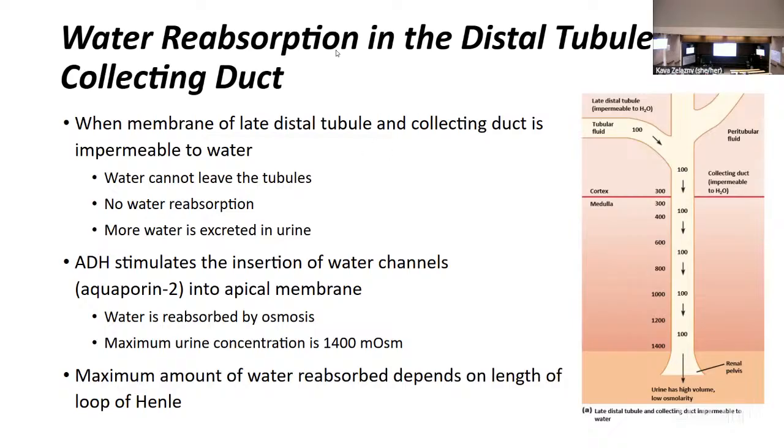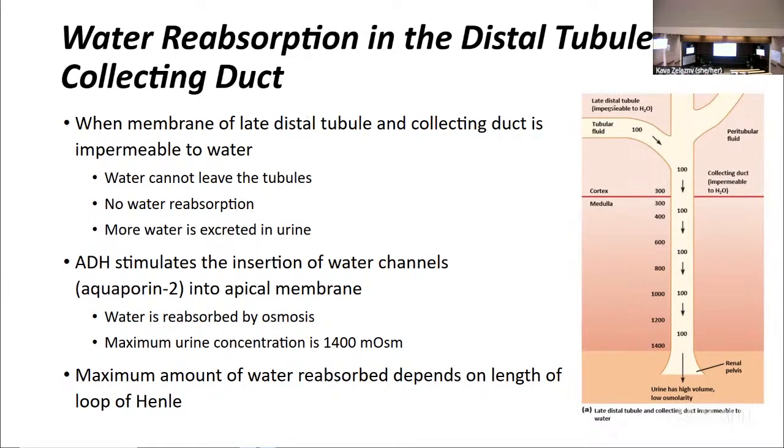Now we're looking at what happens when these aquaporins are present or absent. When our late distal tubule, which you can see up here, and our collecting duct, which is what's going down here, are impermeable to water, so no aquaporin 2, we can't have any movement of water into these cells.